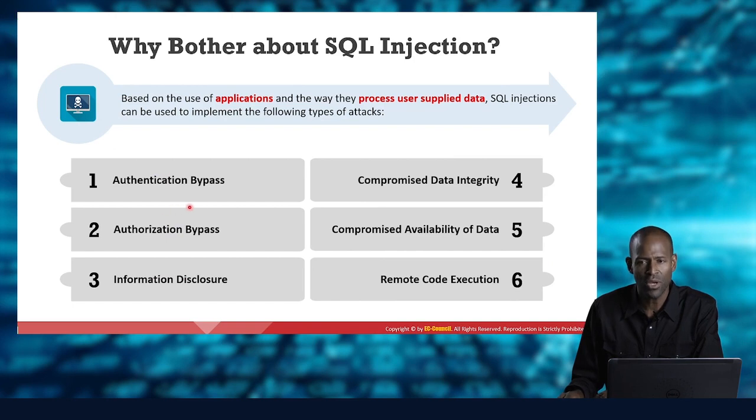They will allow them to compromise data integrity, bypass authorization and compromise data and have information given out without control and even do remote code execution. It's pretty bad. SQL injection attacks can do quite a lot. In some cases, it's shocking what you can do with a SQL injection attack.